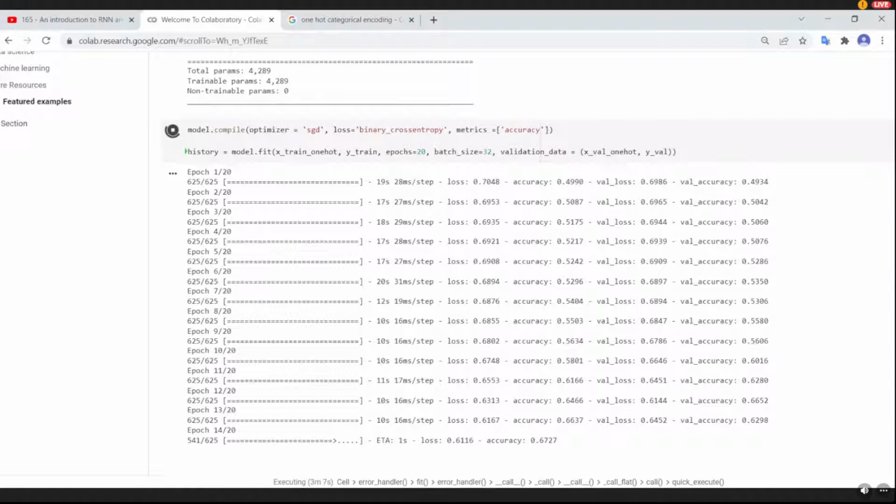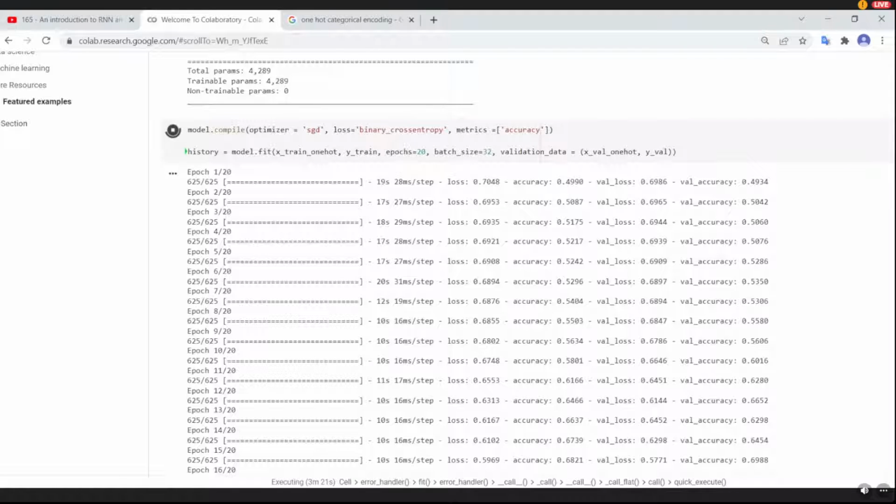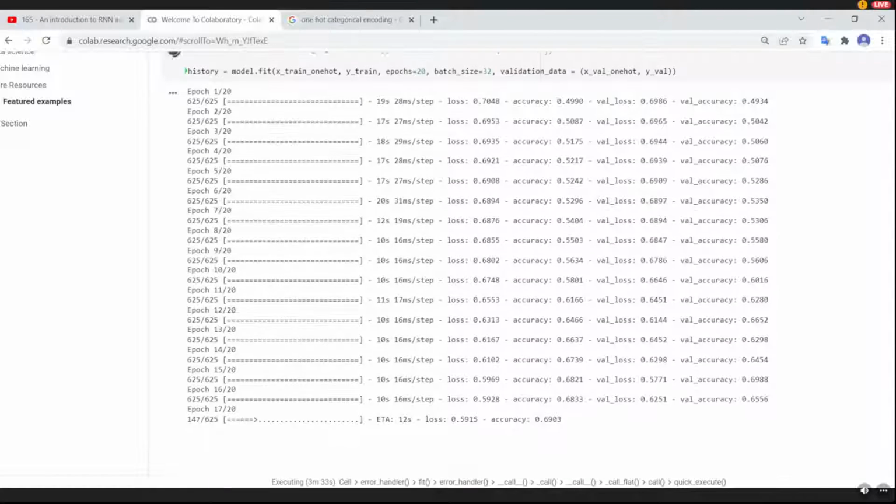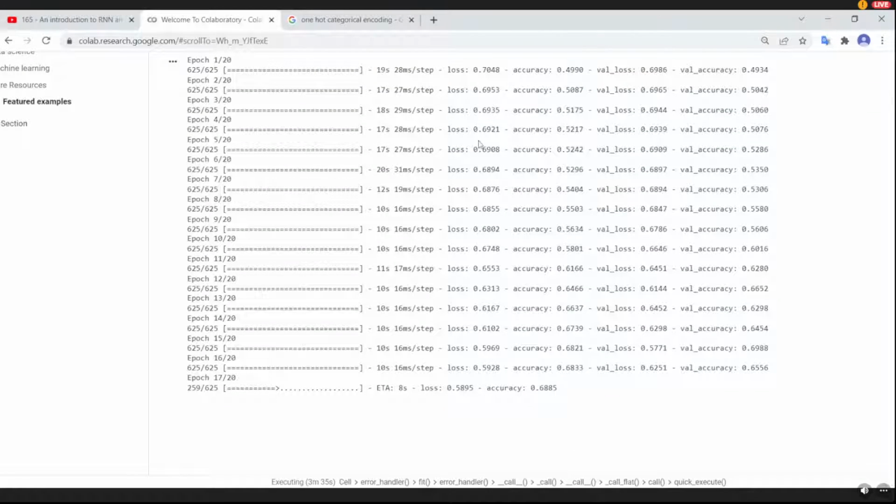I assume everyone is training their data. See, we started from 70, and now we are at 59, so the loss is gradually decreasing, and accuracy is going from 50 to 70.